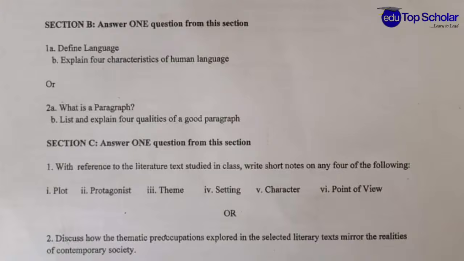So in this case now, for protagonist, you can make reference to Ajike in the Resilient Heart. For theme now, you can make reference to several themes in that story. So in that story, if you remember, we have theme of perseverance. We also have theme of love.